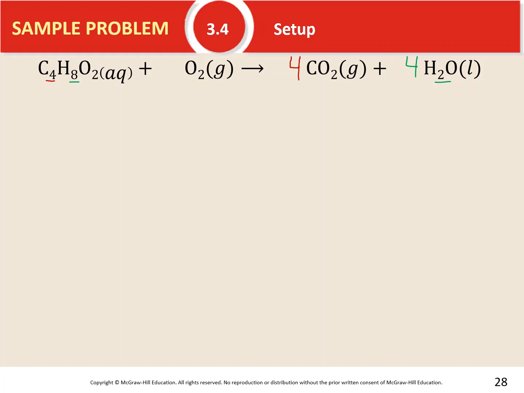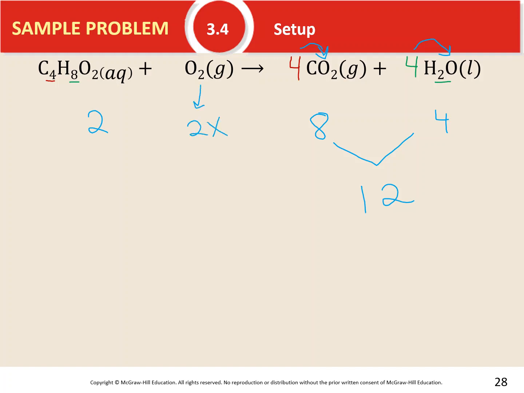Your carbon dioxide, that 4 applies to both the carbon and the oxygen. Okay, so I have 8. And then here, I have 4, so that's a total of 12. Over here, I have 2, and then 2.